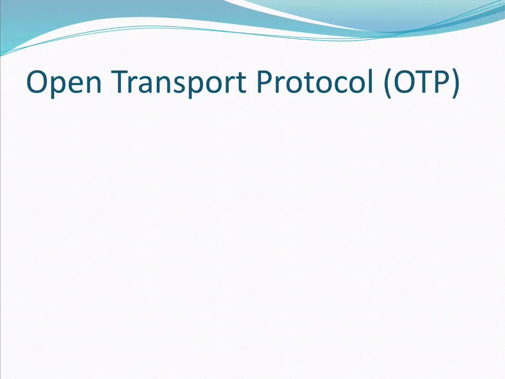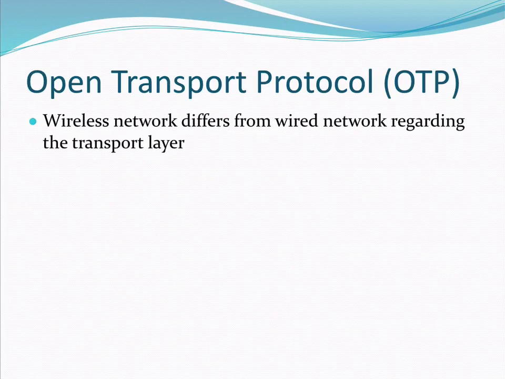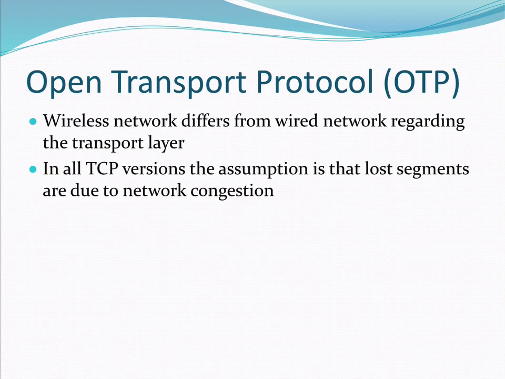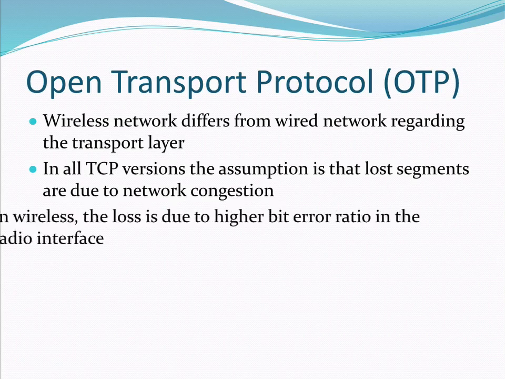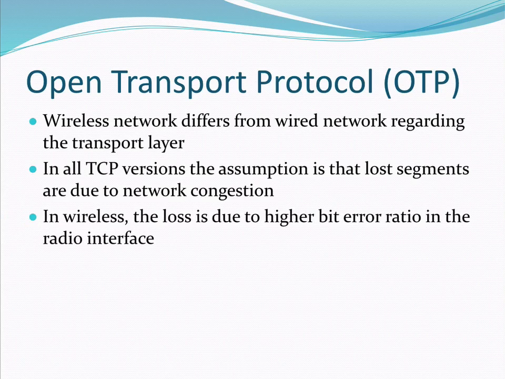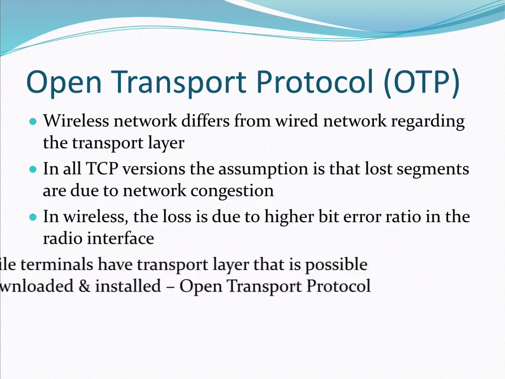Now we will see open transfer protocol. Wireless networks differ from wired networks regarding the transport layer. In all TCP versions, the assumption is that lost segments are due to network congestion. In wireless, the loss is due to the higher bit error ratio in the radio interface.